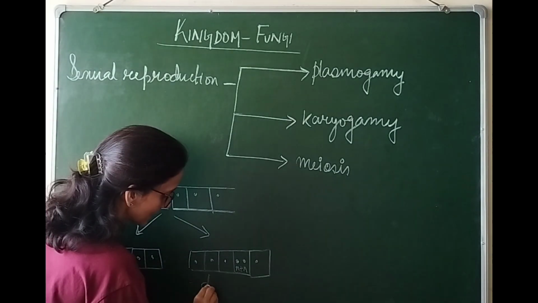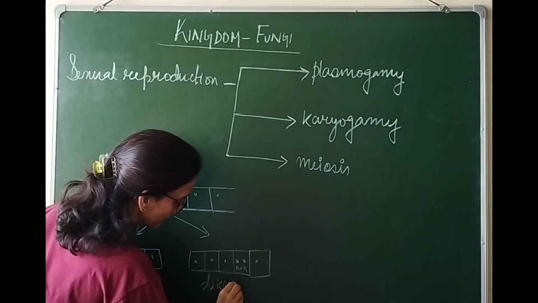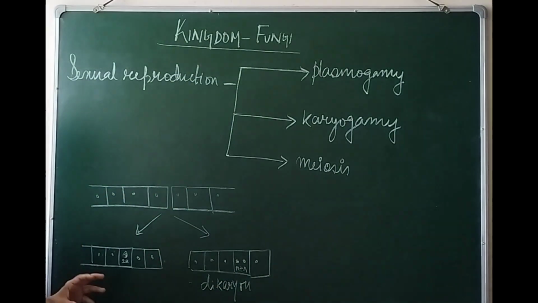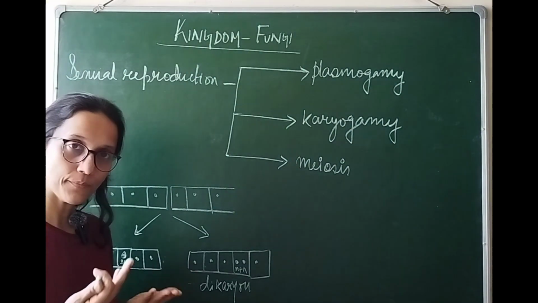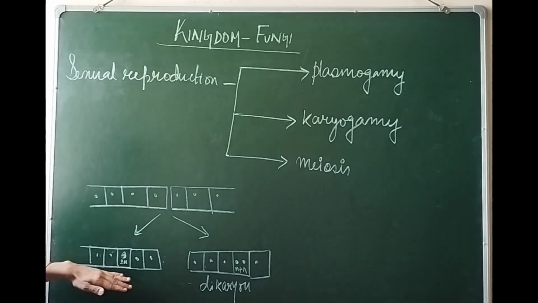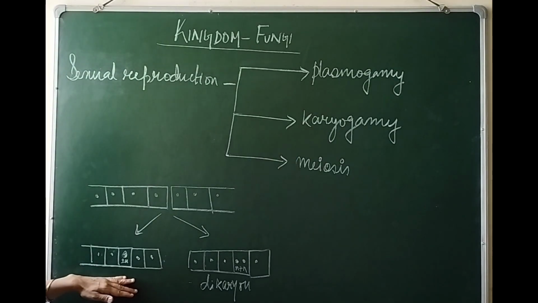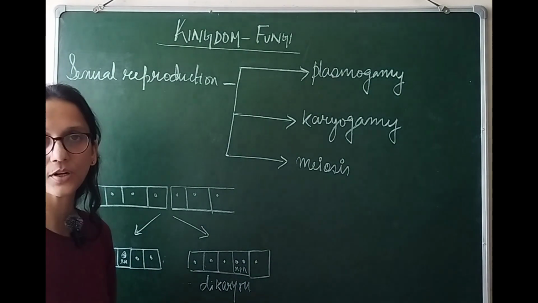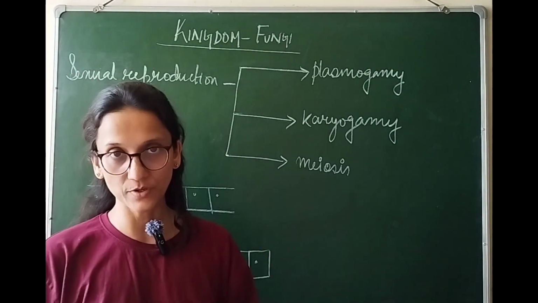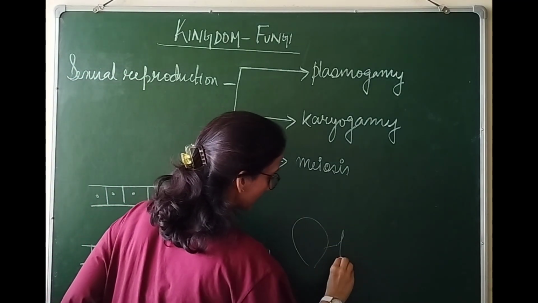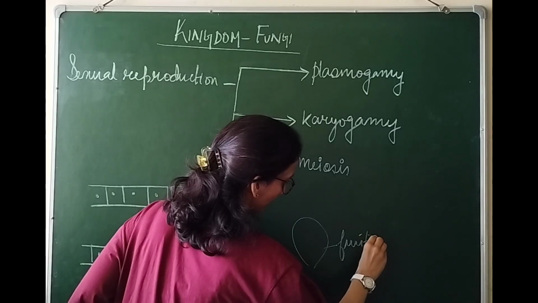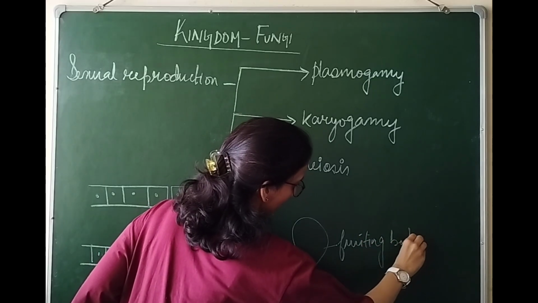This is known as dikaryon. And the phase is called dikaryon phase. Now what will happen after this? After this, definitely they are going to fuse and form a diploid structure, and this diploid structure will undergo a process of meiosis, but inside certain structures which are known as fruiting bodies.